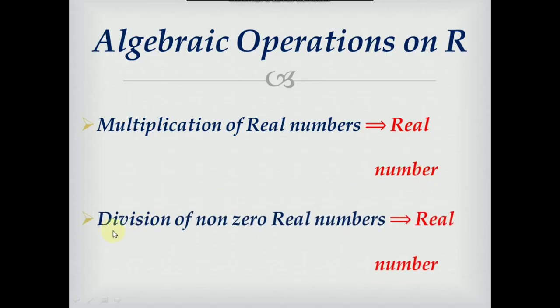Also, division of non-zero real numbers is also a real number. Here we are considering non-zero real numbers because we cannot divide any number by 0. In this way, the output of operations such as addition, subtraction, multiplication, division of real numbers is again a real number.